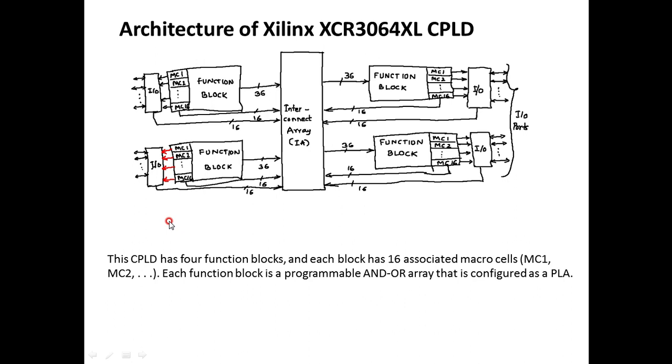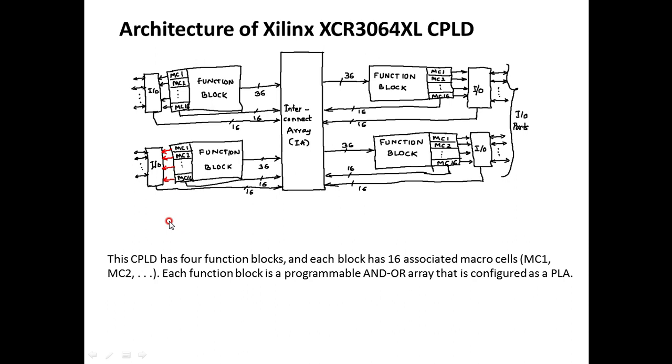Once you write your Verilog code, the next step is a gate level network, and then if you are using the target device XCR3064XL CPLD, convert that gate level network to fit into this particular CPLD, where the design is divided into sum of products expressions, and each PLA can implement sum of product terms with the help of AND array and OR array.